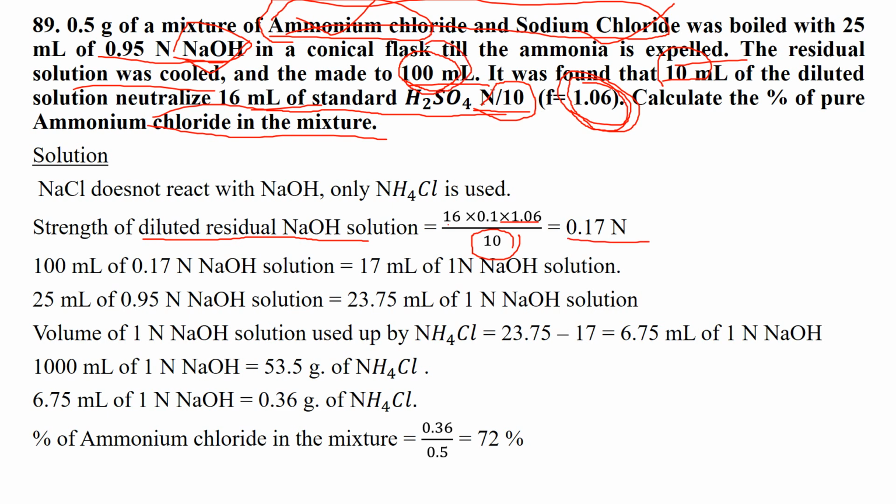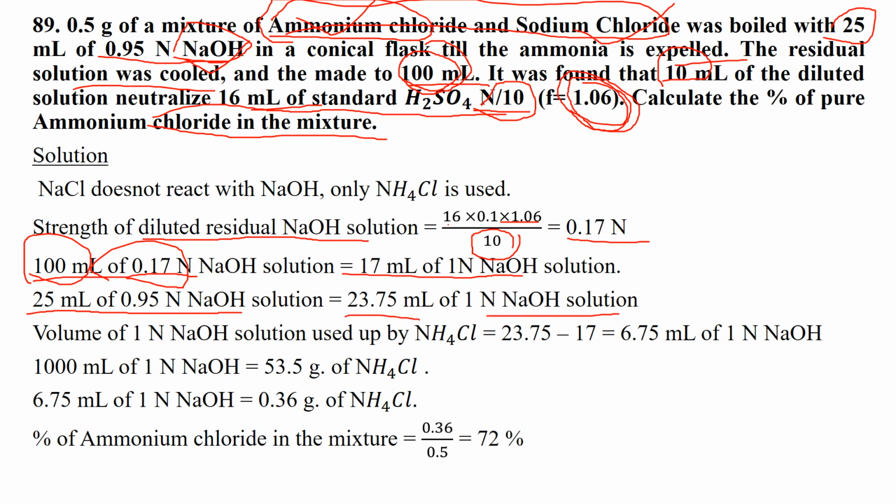So 100 ml of 0.17 normal NaOH solution means 17 ml of 1 N NaOH solution. Just multiply 100 into 0.17. Then 25 ml of 0.95 normal NaOH solution is equal to 23.75 ml of 1 N NaOH solution.